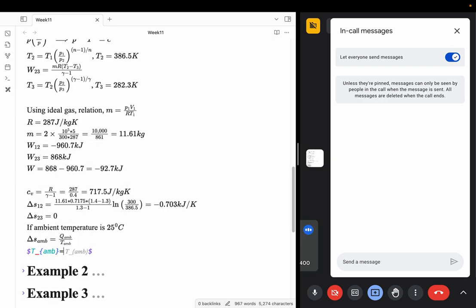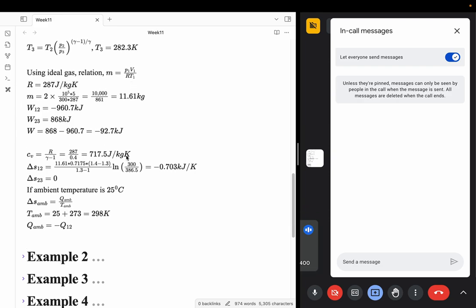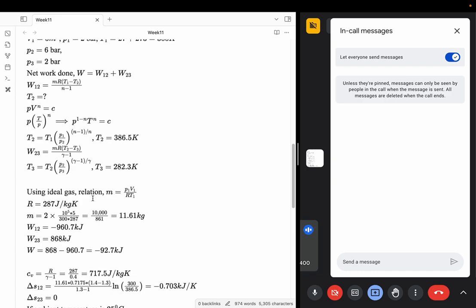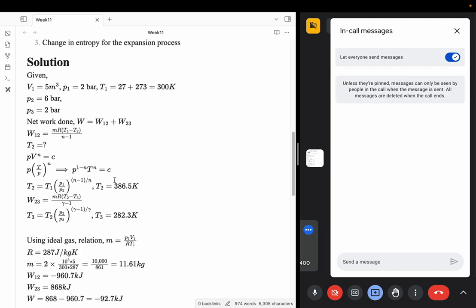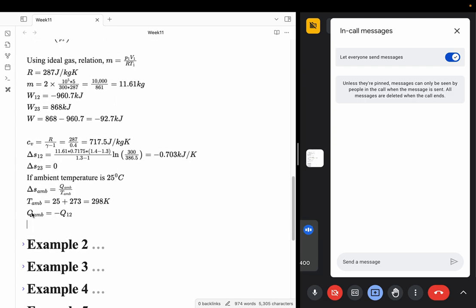How do I calculate Q ambient? It is minus Q12, and we can calculate the Q for a polytropic process. We know W. We can calculate delta U between T1 and T2. We know T1 and T2. We know M, so we can calculate delta U, and from there you can calculate Q, and minus Q12 will be Q ambient. And when you do this, you get delta S ambient.